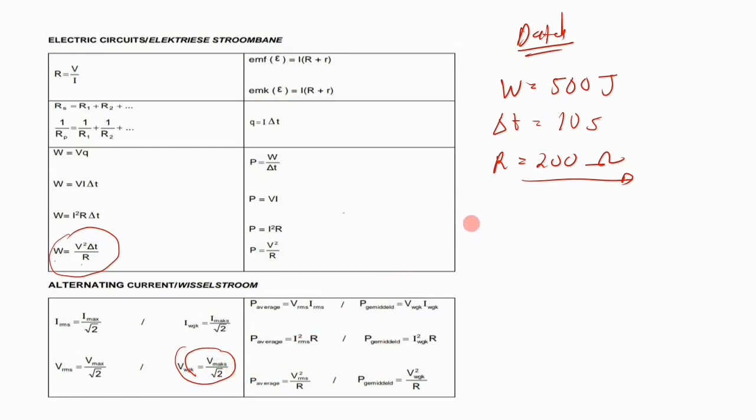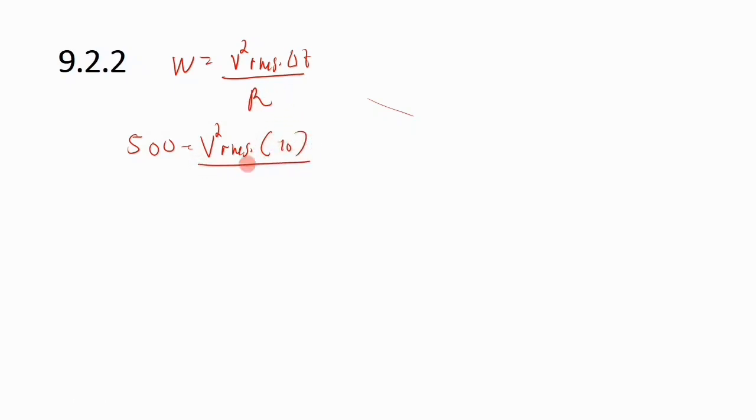So now let's go ahead with answering that question. We have W is equal to V squared RMS times change in time over R. Then W is 500, and VRMS is what we are looking for. The change in time was 10 seconds, and R here is 200, right?